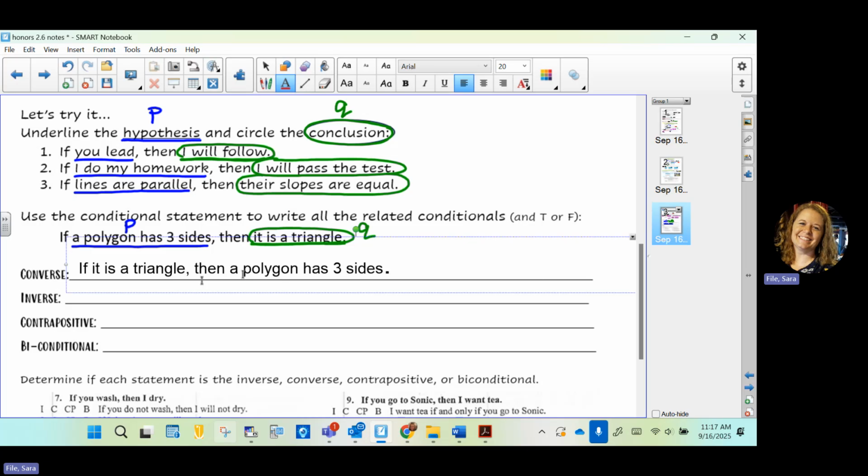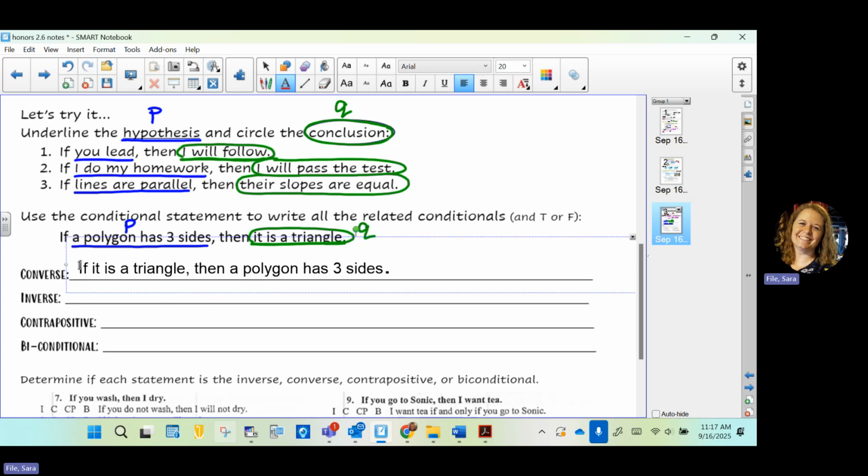And if you're trying to be real grammatically correct, a lot of people don't like to start with "it" since it hasn't been defined. So you could actually leave polygon at the beginning. You could say, if a polygon is a triangle, then it has 3 sides. So you could leave the polygon and the it where they are and just switch the has 3 sides, it's a triangle part. That's fine too.